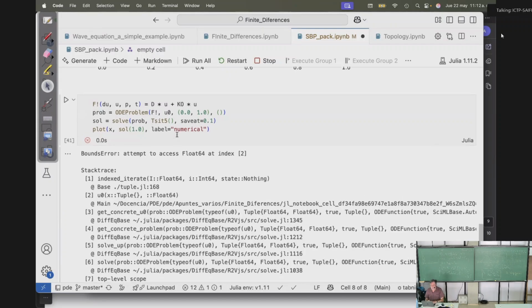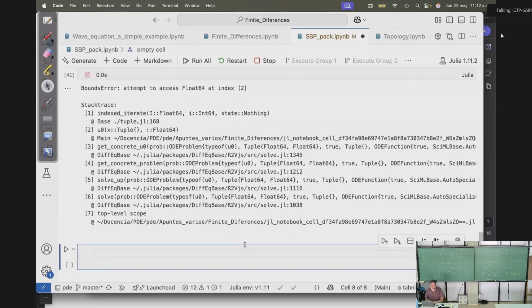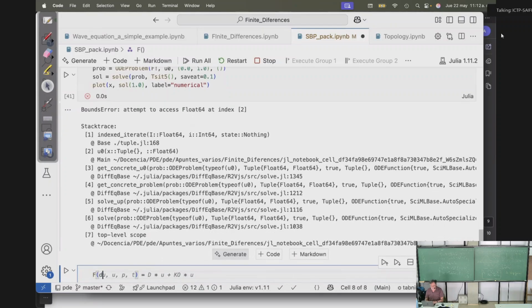I don't see the error, so we'll open another scene here and try to compute, for instance, f of du, but at 0. Just compute this. And we put this equal to 0.